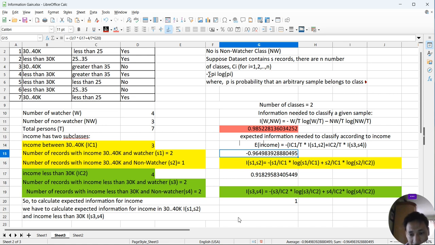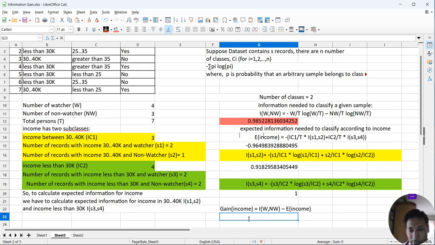Now we have to calculate the information gain for income. So that will be equal to I(W, NW) minus E(income), which we have already calculated.